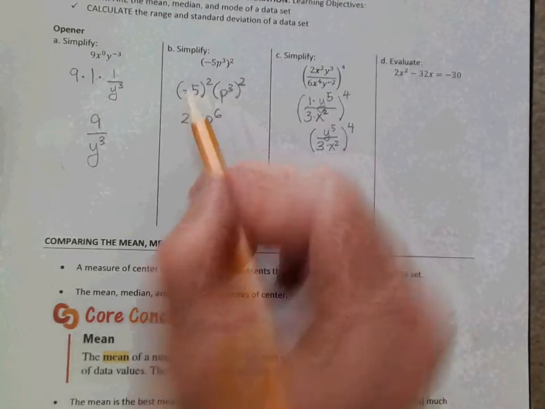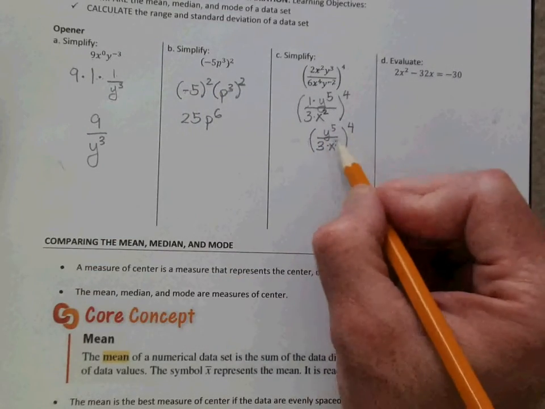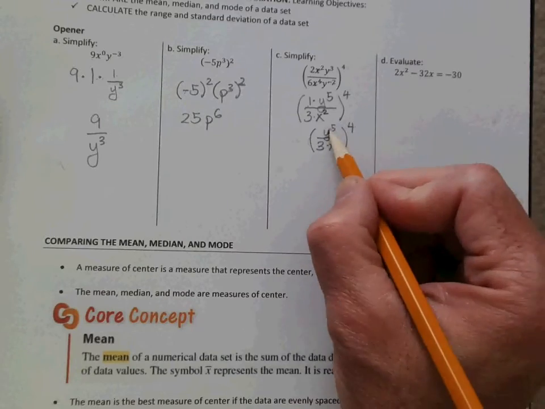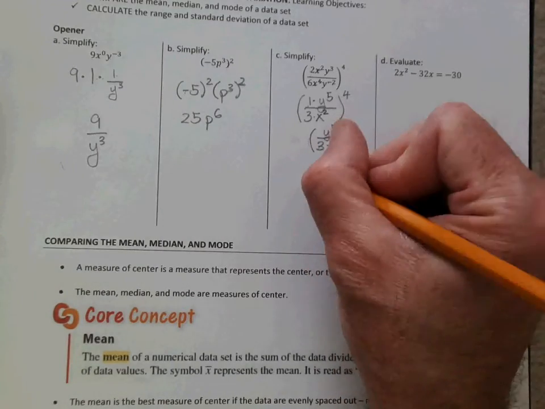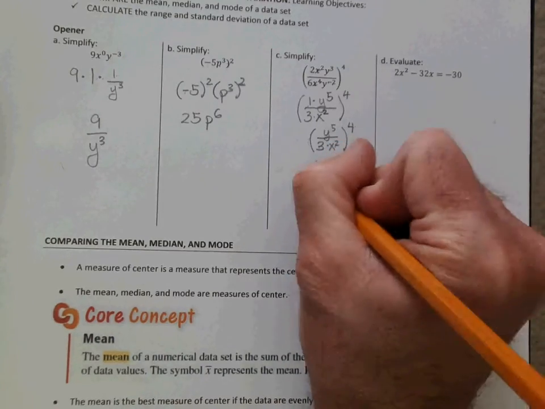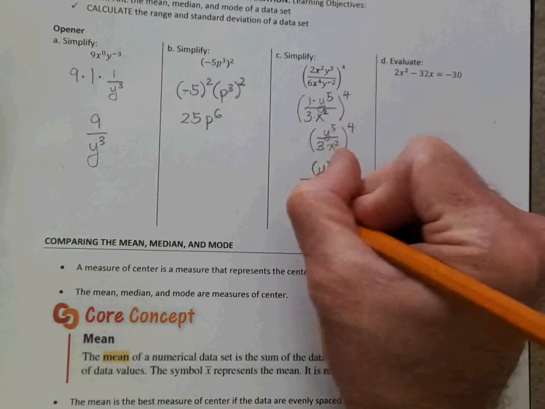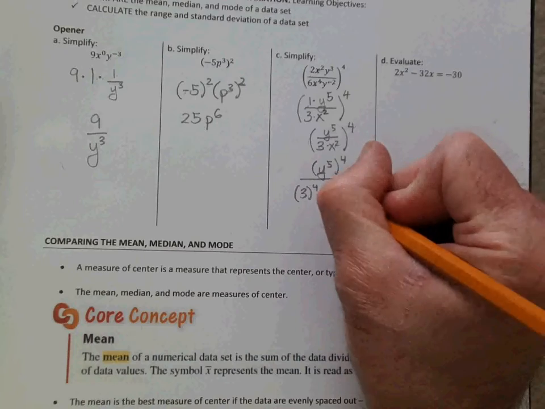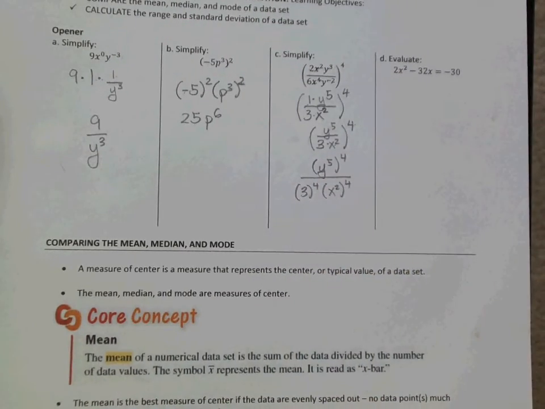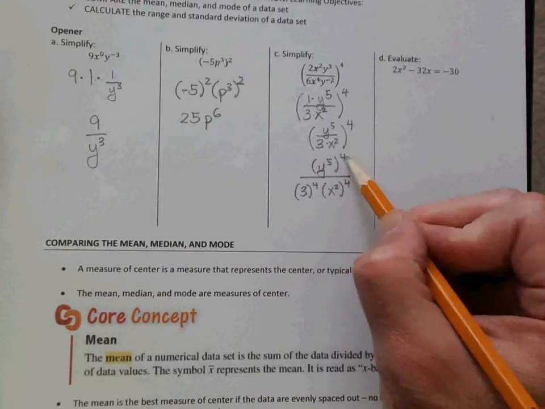Now, similar to the prior problem, I have something in parentheses raised to an exponent. Every piece that's inside is going to get raised to the 4th. So I have y to the 5th raised to the 4th over 3 raised to the 4th times x squared raised to the 4th. Y to the 5th raised to the 4th.